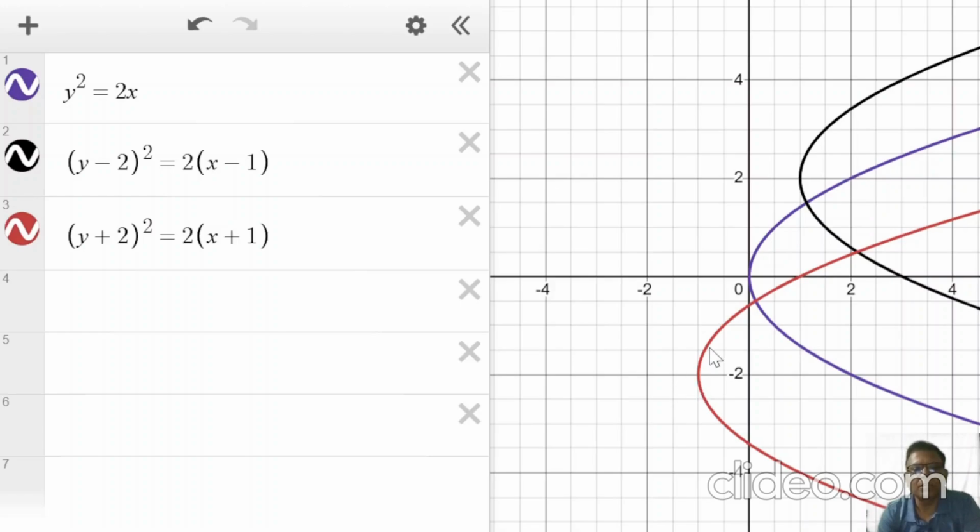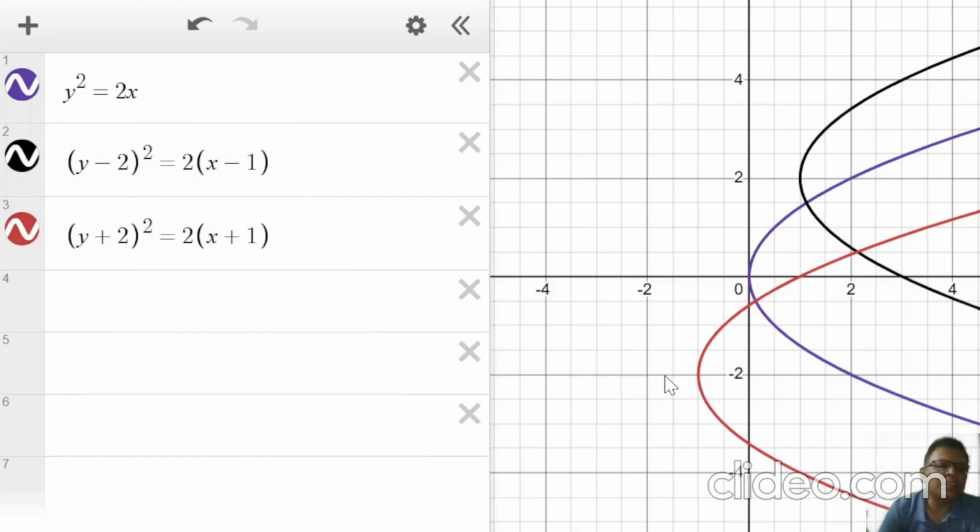Then the origin here shifted to minus 2 and minus 1. So the coordinate will be minus 1, minus 2. So this is the transformation by changing coordinates.